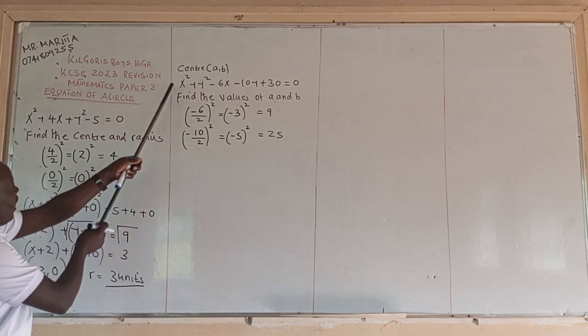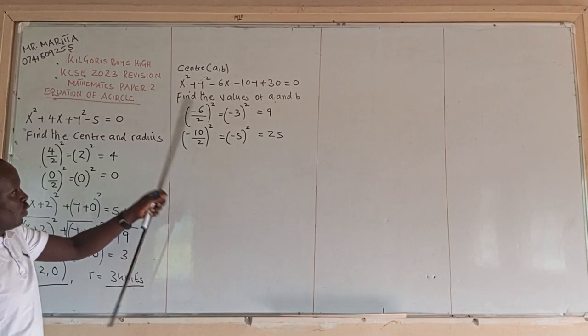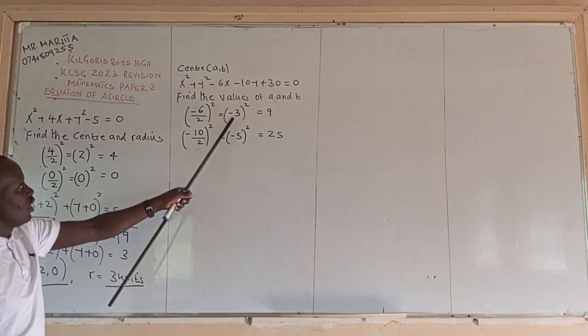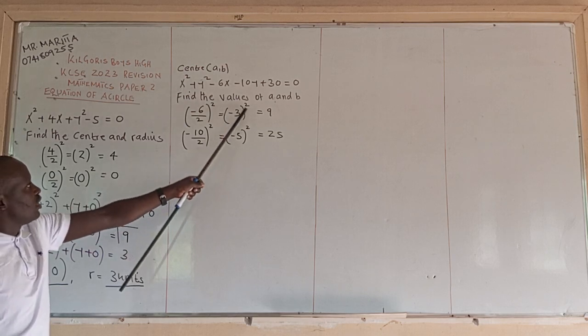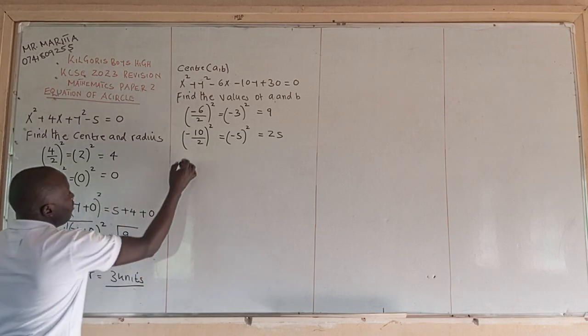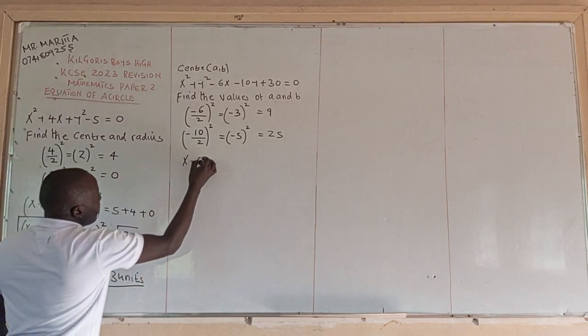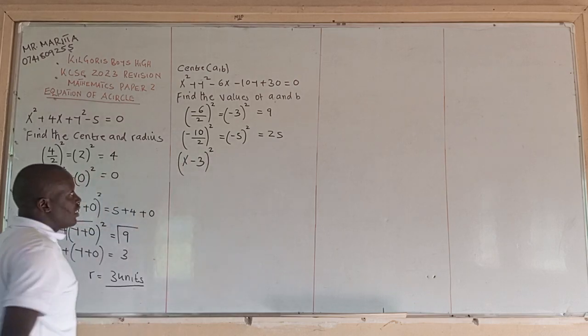So we start with x squared and negative 3 squared. This is a square, so you can have x minus 3 all squared.